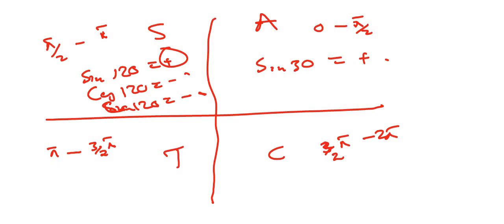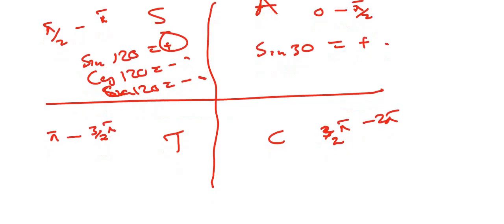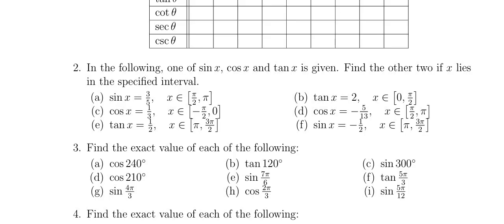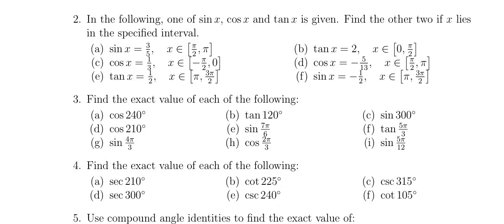Okay, if that's okay, then allow me to talk about this next part. I'm using this as your example for the quadrants that I'm discussing. Question 2: they're saying in the following, one of sine, cos, and tan is given.